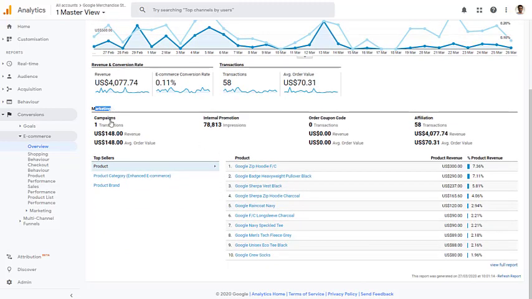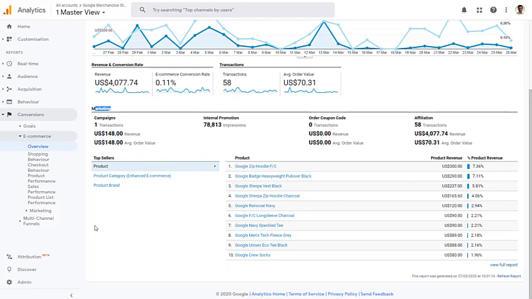Now, marketing. Under marketing, you will see campaigns, internal promotion, order coupon, and affiliation. Campaign. If a user is coming to your website because of a campaign, those are listed here. Now, how does Google know that this user came via a campaign? Because of the UTM parameters.